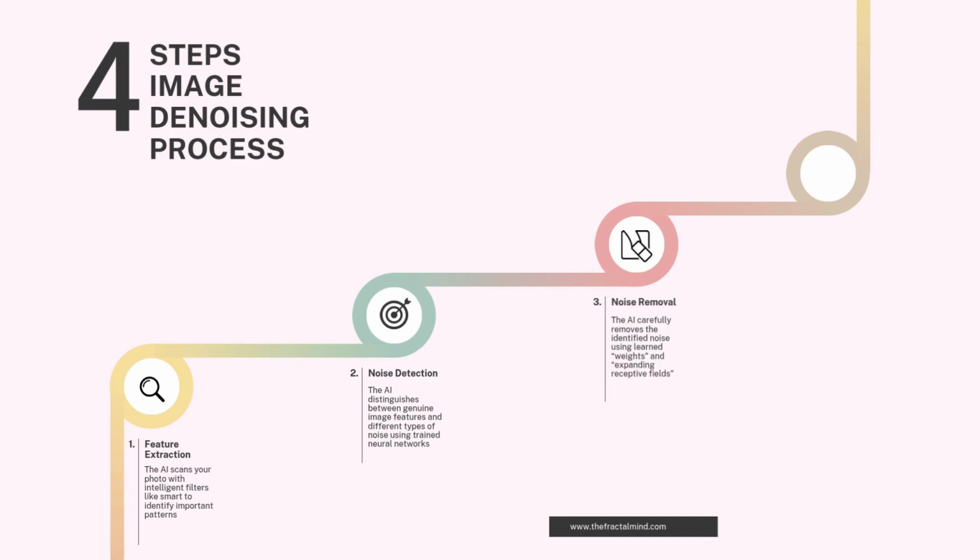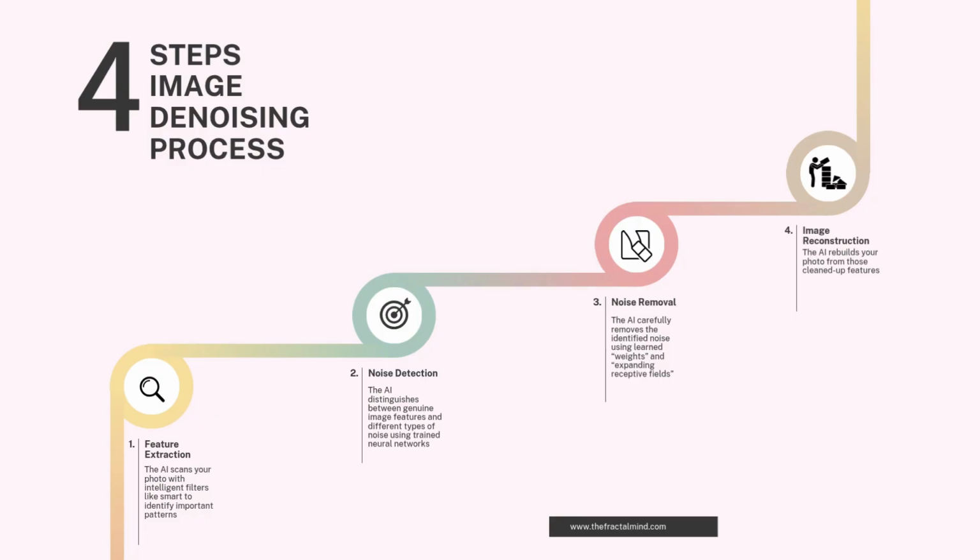Now AI takes on another role as a precision surgeon, using learned weights and expanding receptive fields to carefully remove the identified noise. Through nonlinear transformations, it preserves all the important details while making context-aware decisions about what to keep and what to eliminate.